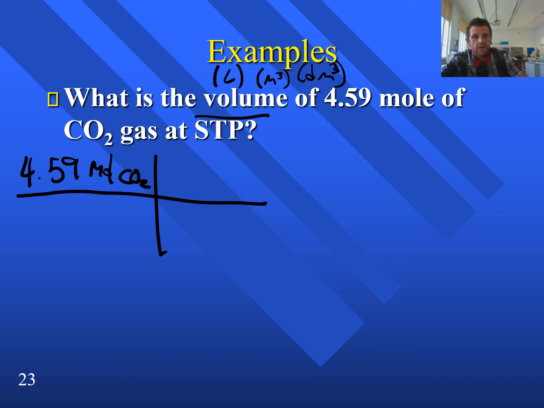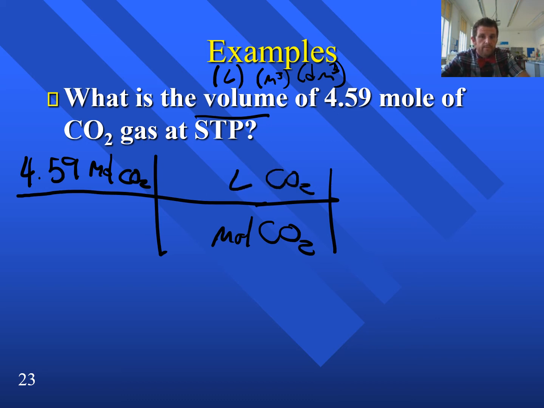So then it's the same type of problem. I'm going to do moles of CO2. Taking that unit, I'm just dropping it down so that it cancels out. But now I want to know the volume of it, so I want to know liters of CO2. And remember, 1 mole is equal to 22.4 liters. So I'm going to do 22.4 up top for 1 mole.